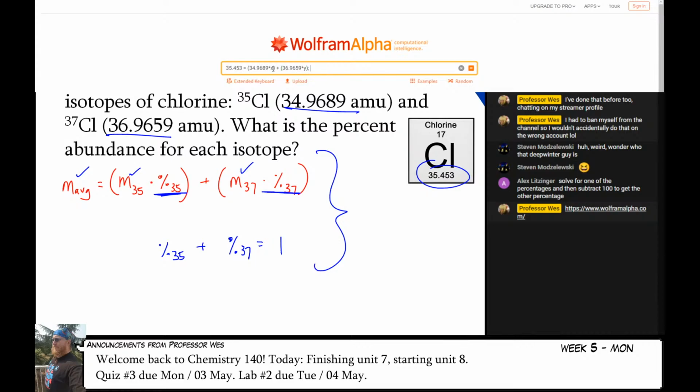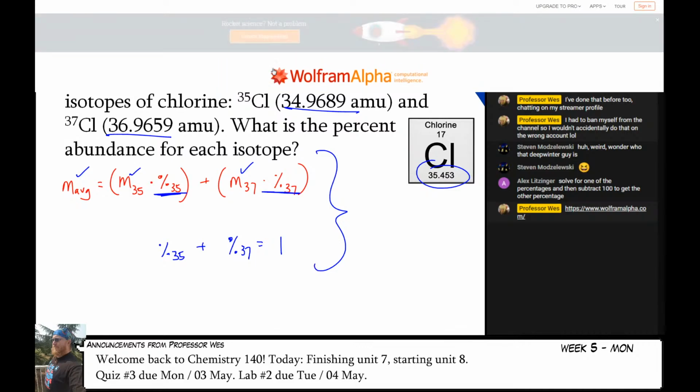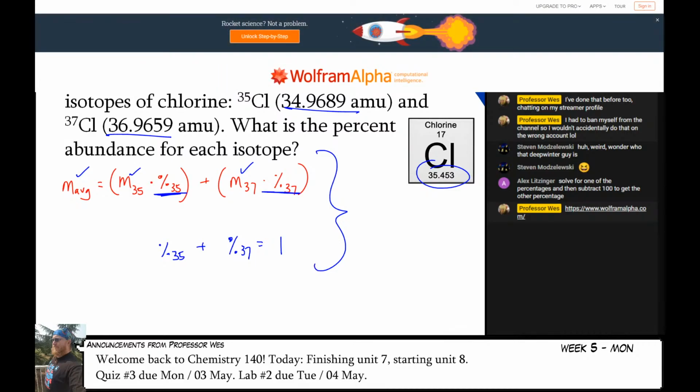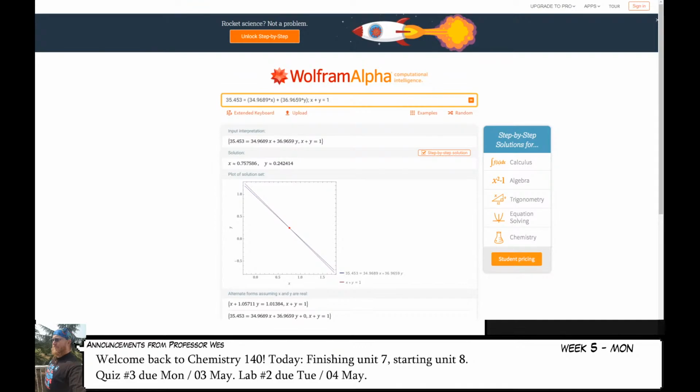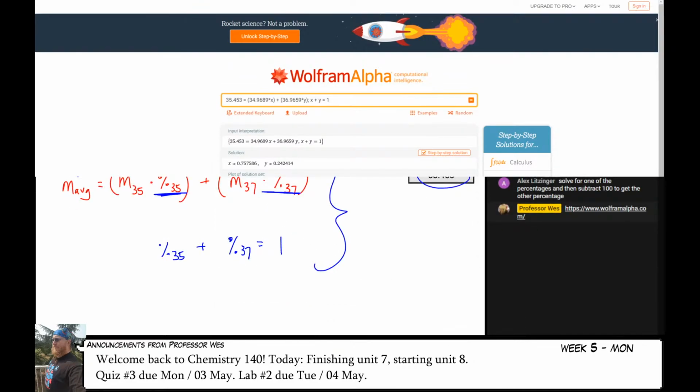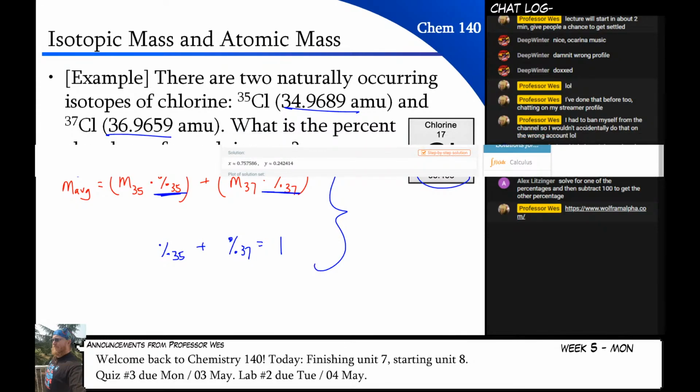I'll hit a semicolon. X plus Y equals 1. Solve. And this is what it got, which is very small on the screen, so let me capture that for you real quick.